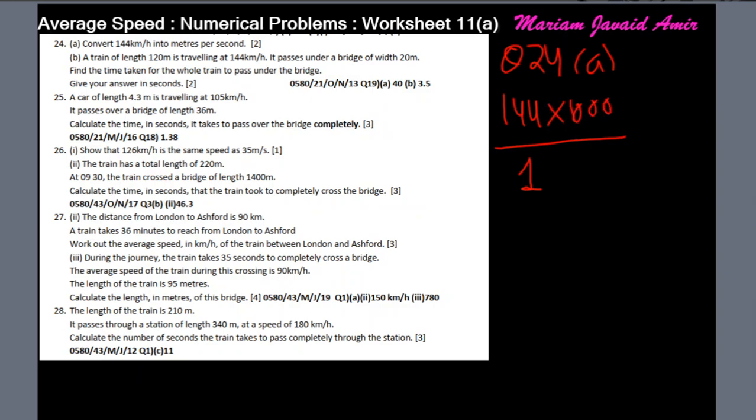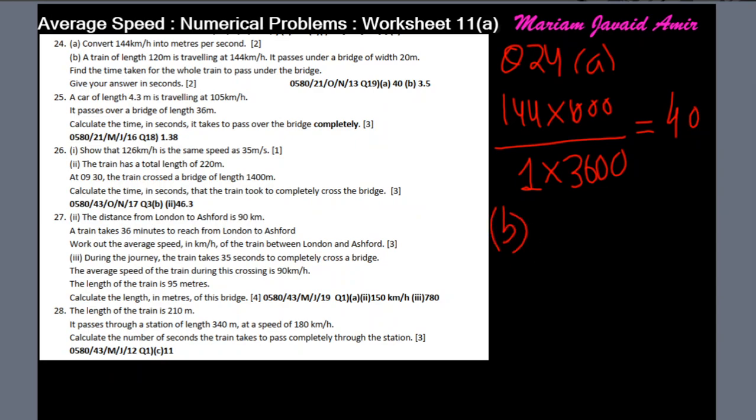And hours need to be changed into seconds, for that we multiply with 3600. So this will give us 144 times 1000 divided by 3600. 40 is the answer for part A.